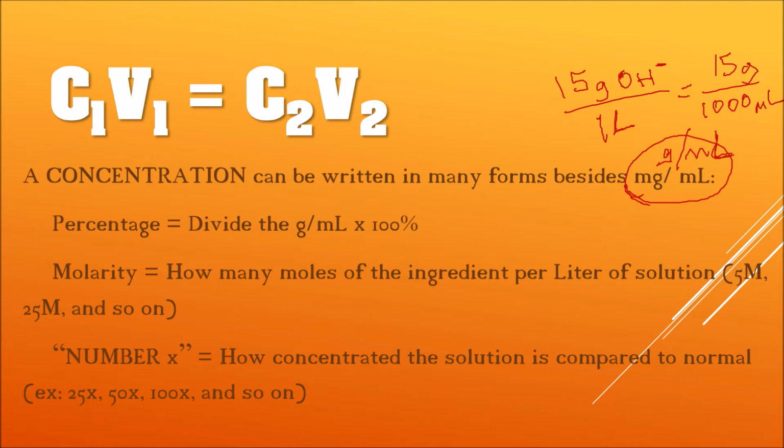But actually concentrations can be written in several different formats. Like percentage, and that just means you divide the grams over milliliters and take it times 100%. So if you have 15 grams over 1,000 milliliters, let's get out the handy calculator, that would be 0.15, and you take it times 100%, that would be 15%.